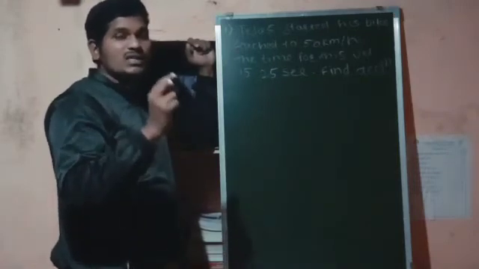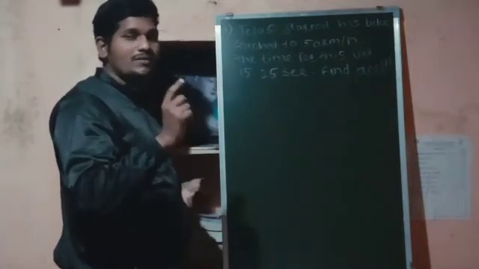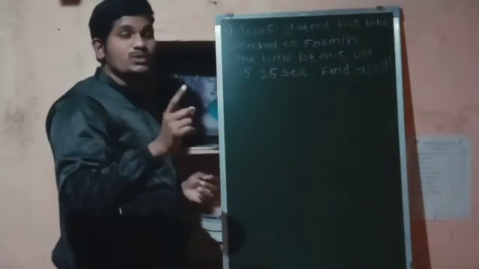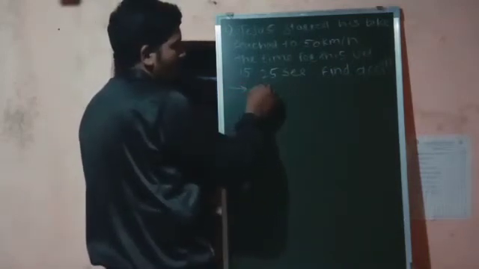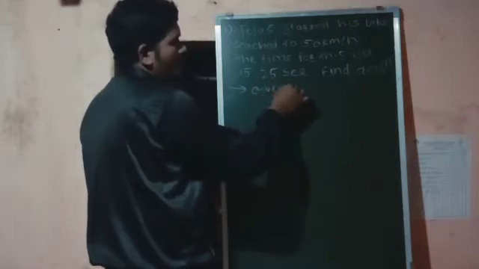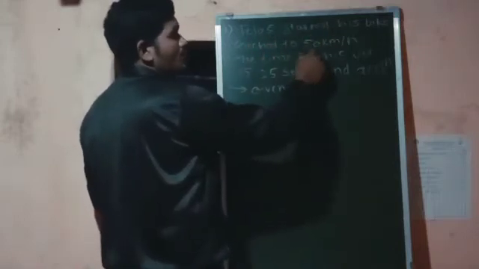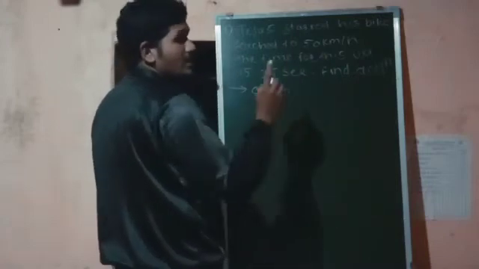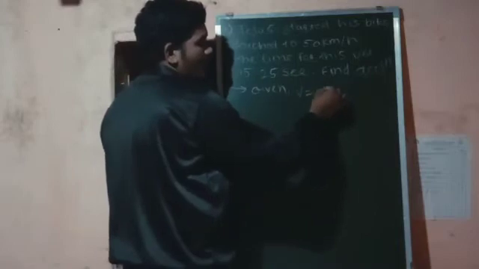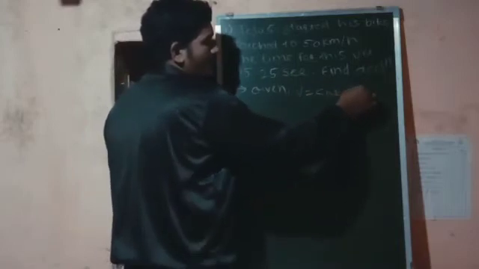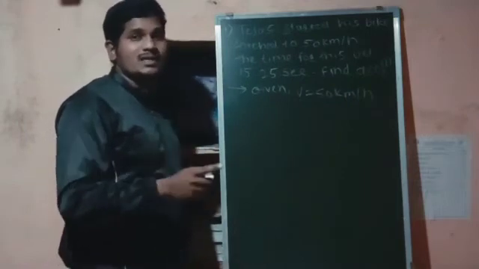Now I will tell you the simplest trick to solve it in the easy way. First of all, you have to write the given terms. Tejas started his bike and reached 50 km per hour. Reached means this will be your V, 50 km per hour. So what will be U? U means initial velocity.